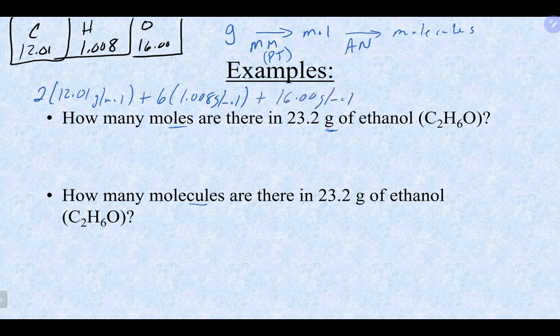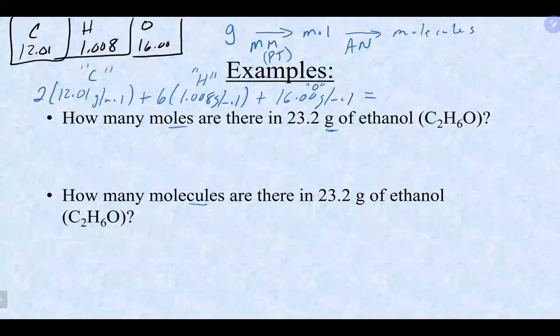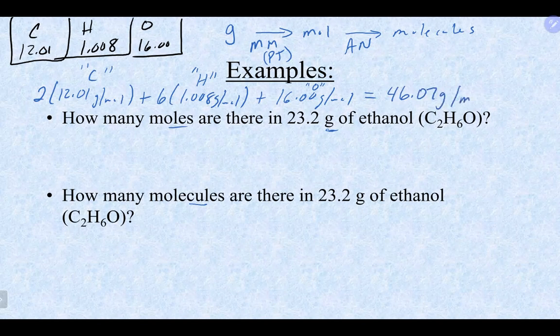So again, just adding up our parts, that's our carbon mass, our hydrogen mass, and our oxygen mass. If we add all that together, we end up with 46.07 looks like. And that would mean that there are 46.07 grams per every mole.